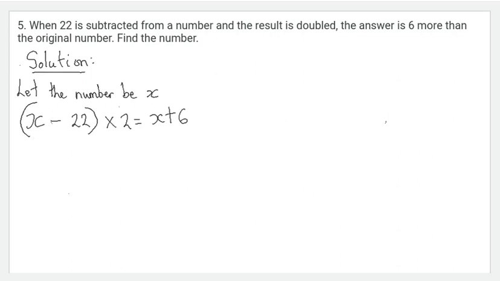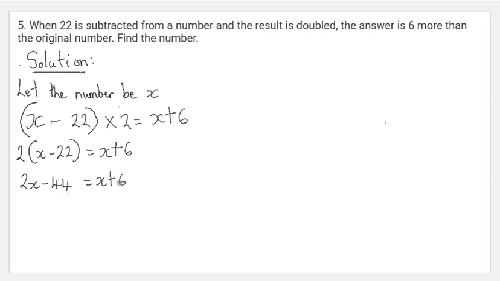Find the number. So writing this in a better way, it's going to be 2 open bracket x minus 22 close bracket is equal to x plus 6. Now we can expand and find what x is. So this would be 2x minus 44 is equal to x plus 6.